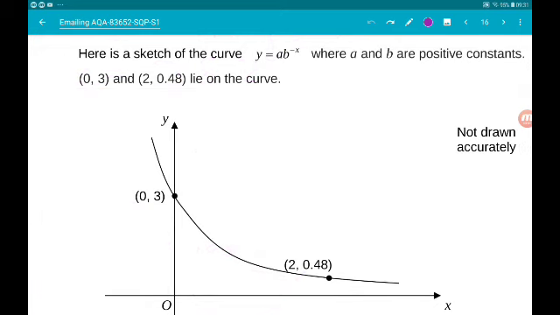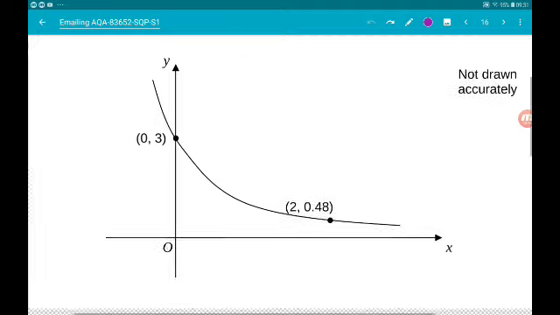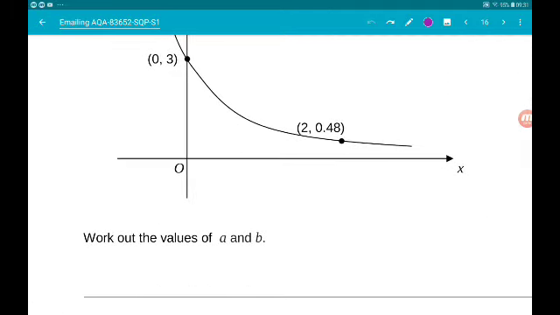Okay, question 15. We have a sketch of the curve y equals ab to the minus x, where a and b are positive constants. We're given 2 points that lie on the line, 0, 3 and 2, 0.48, and our job is to work out the value of a and b. Okay, so we're going to do that by using the 2 points that lie on the curve.